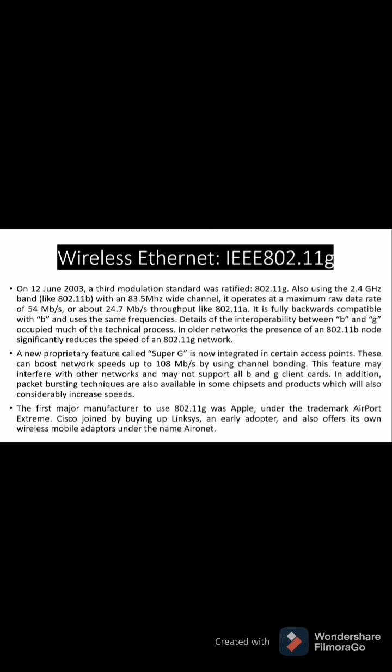It is fully backwards compatible with 802.11b and uses the same frequency. Details of the interoperability between b and g occupied much of the technical process. In a mixed network, the presence of an 802.11b device would significantly reduce the speed of an 802.11g network.